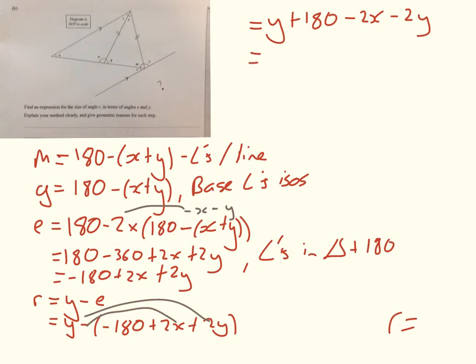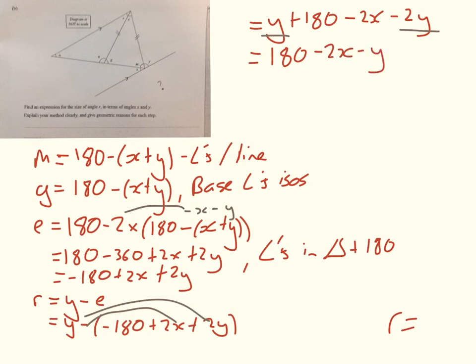How can I simplify that? What can I put together? That and that together. It's a positive y, so I can add it to the negative 2y. So it's going to be 180 minus 2x minus y.